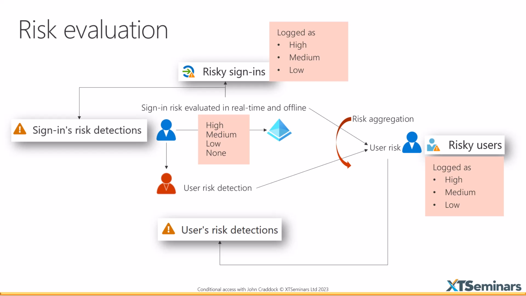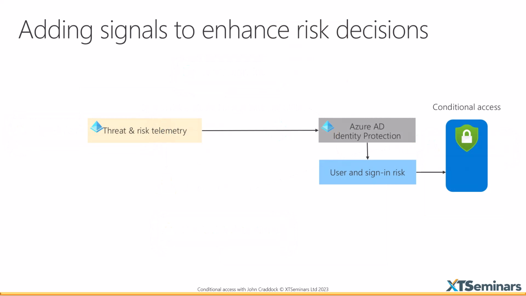A lot of this analysis is done by identity protection, but you also have the ability of enhancing the analysis by adding Defender products. So here we're showing the threat and risk telemetry coming into Azure AD Identity Protection, and that is then classifying user and sign-in risk.